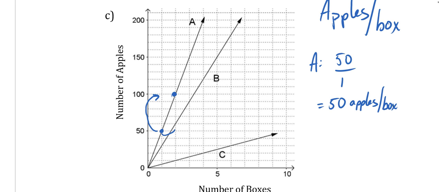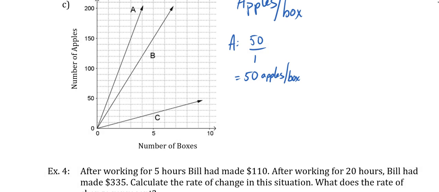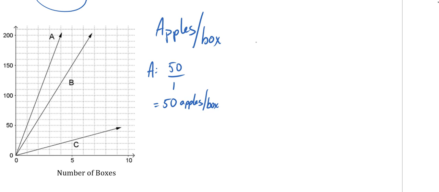So box A can fit 50 apples per box. That means if I have one box, I have 50 apples. If I have 2 boxes, I have 100 apples. If I have 3 boxes, I would have 150 apples. 50 apples per each box. All right, I want you to go ahead and try B and C. And we're not going to do example 4 for now, so we'll leave that one.